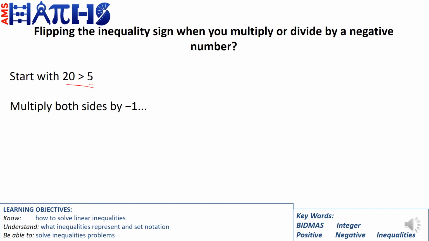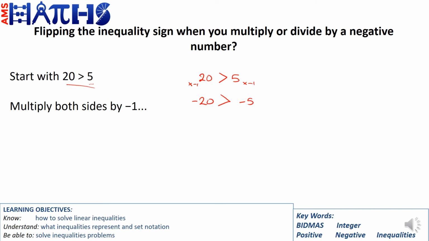But if I multiply both sides by -1, so here we have 20 is greater than 5. If we multiply this side by -1, and we'll have to do that to the right side as well, we're now going to get 20 times -1 is -20, and 5 times -1 is -5. We'll have to keep our inequality symbol.